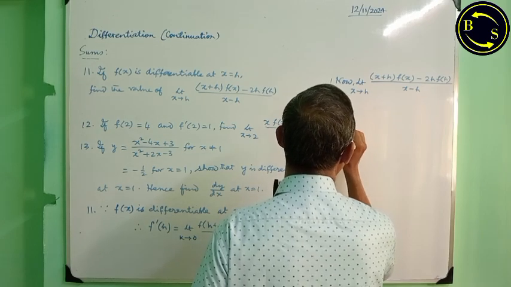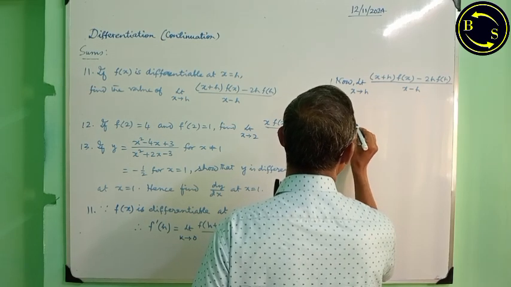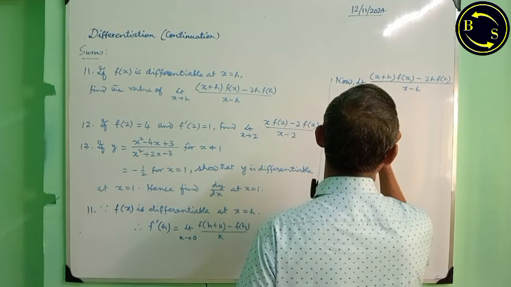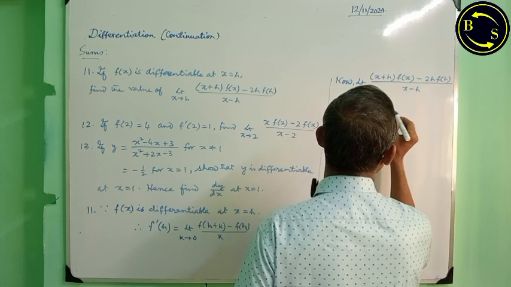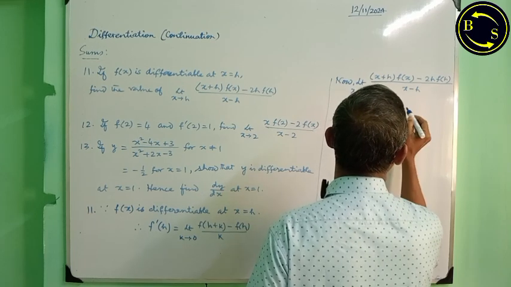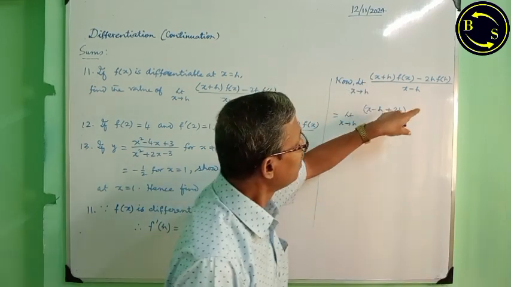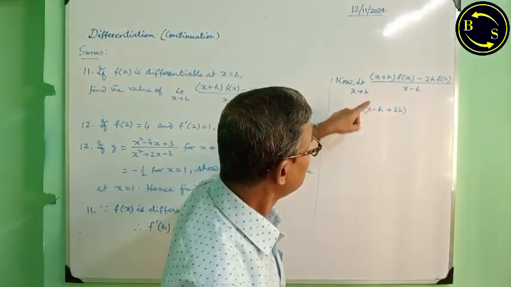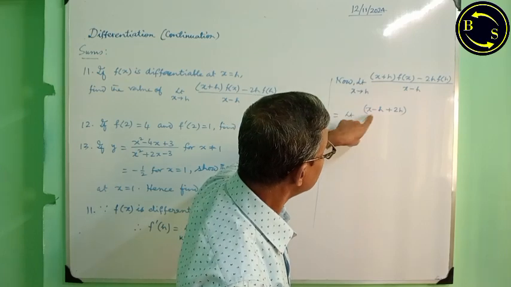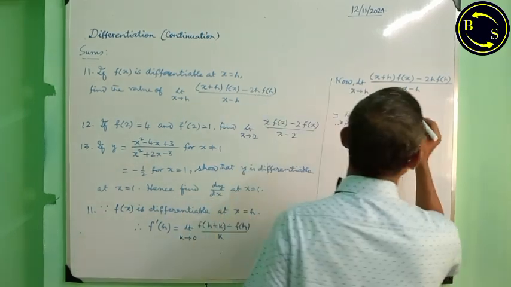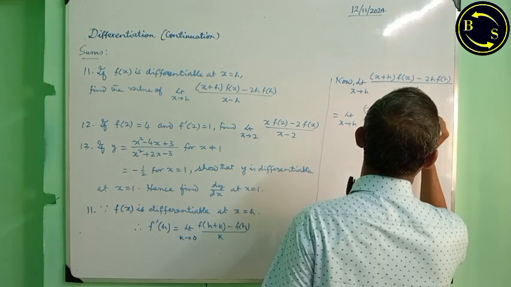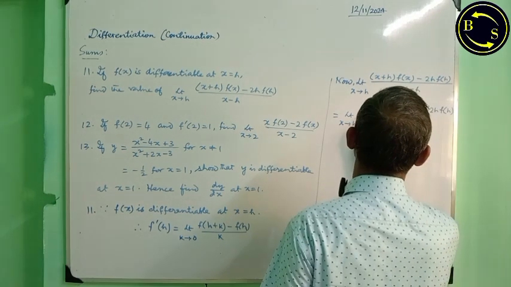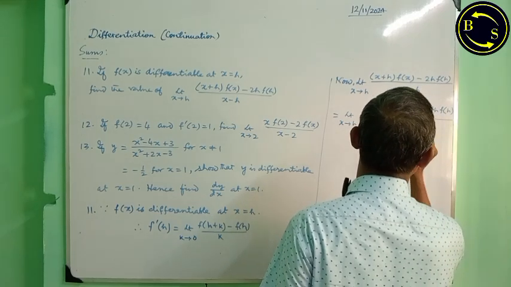Limit x tends to h, I found x minus h plus 2h. Actually denominator is x minus h. To get that, I write x plus h like this form into f(x) minus 2h f(h) by x minus h.